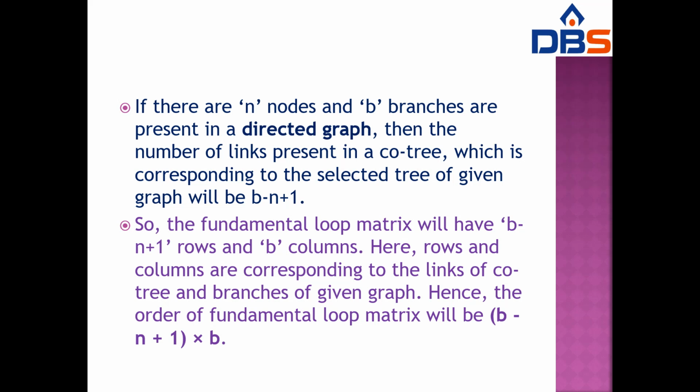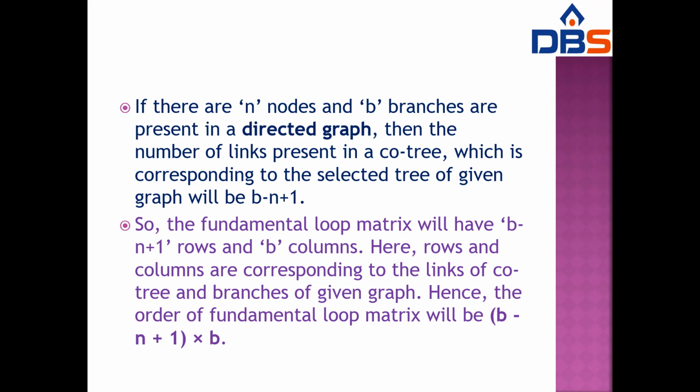So the fundamental loop matrix will have b minus n plus 1 rows and b columns. So we have to multiply, b minus n plus 1 into b.